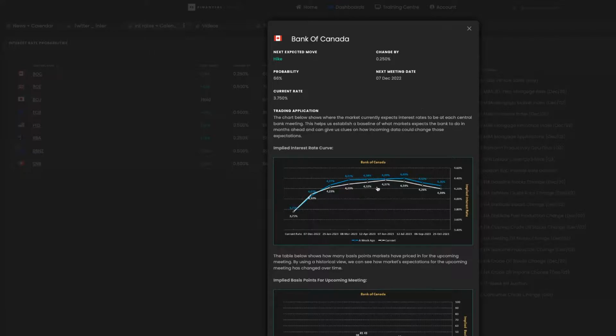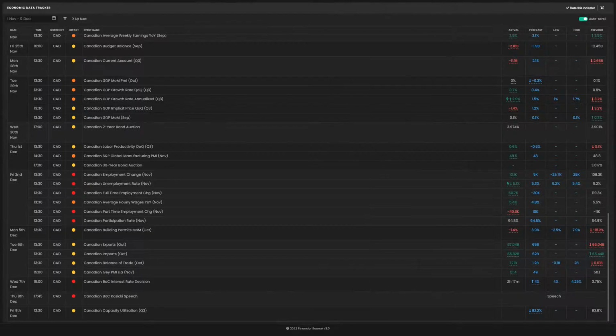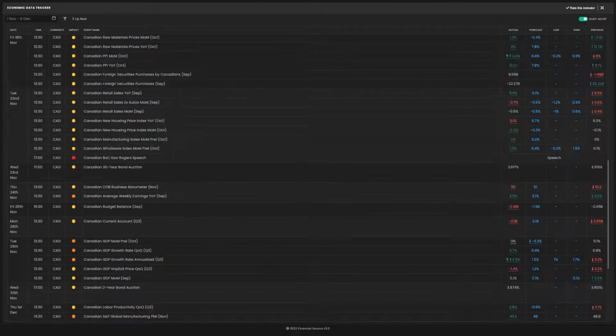So we want to see a 50 basis point rate hike, and we want to see that terminal rate moving higher. So if the Bank of Canada, for instance, said we've hiked by 50 basis points today to control surging inflation, and we are expecting the terminal rate to be higher than we previously did, that would be a hawkish decision.